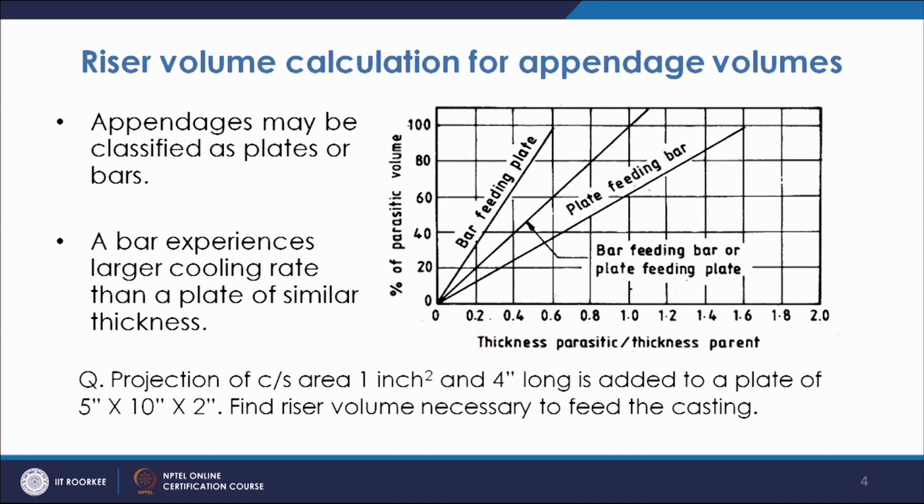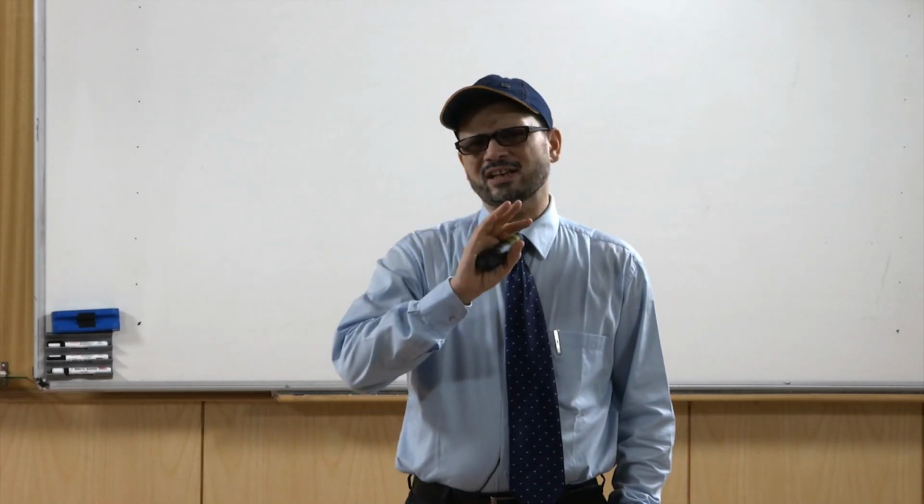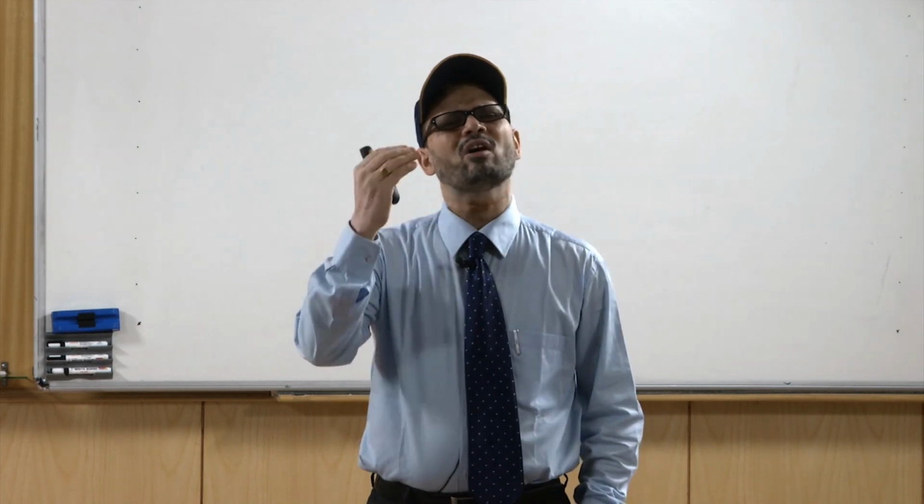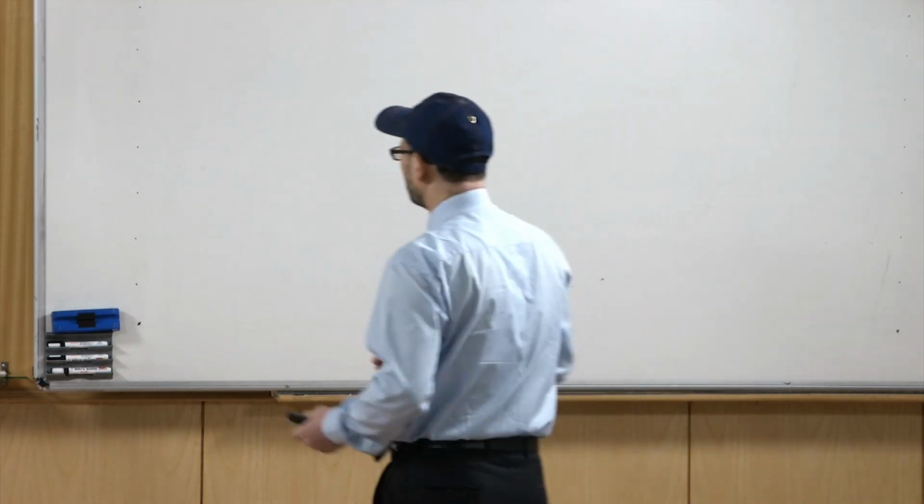These appendage volumes are also known as parasitic volumes. In this method, if these parasitic volumes are very thin, then there is no need to specify extra material in the riser to account for that particular volume.